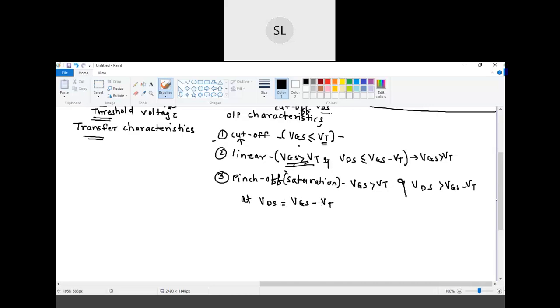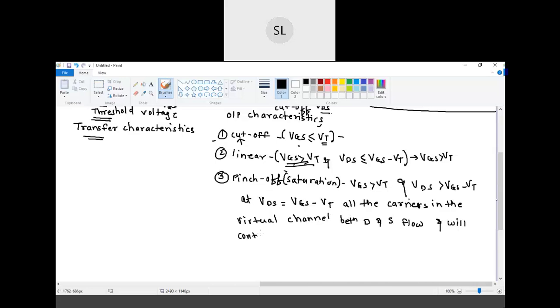All the carriers in the virtual channel between drain and source will flow and will contribute to the drain current.